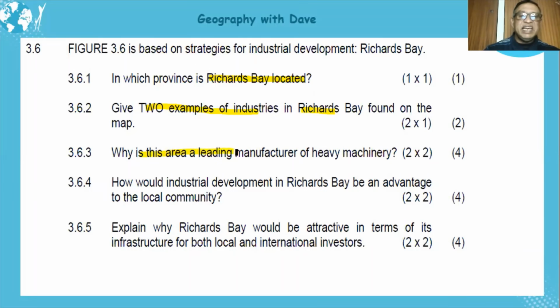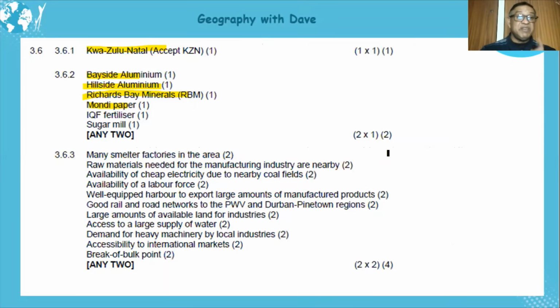Why is the area a leading manufacturer of heavy machinery? All right, and sometimes in your answers, you may not know all the answers. That is why there's so many options, maybe in class or maybe from my slides also. I haven't covered everything. All right, but why is it a leading manufacturer? Maybe things like smelting, etc. Maybe not covered. Let's look at it.